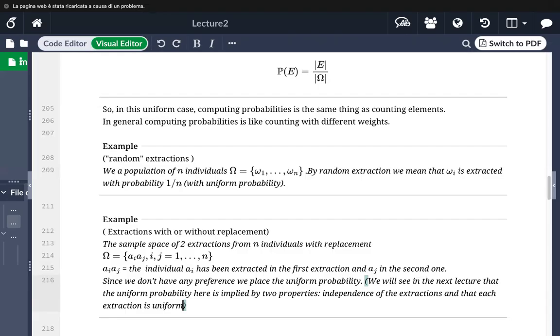This is something that we will see in the next lecture, but it is quite intuitive that each outcome is equally probable.